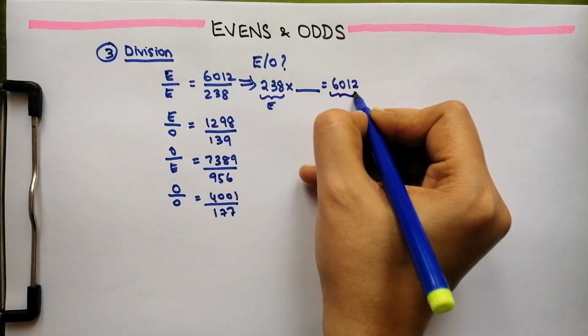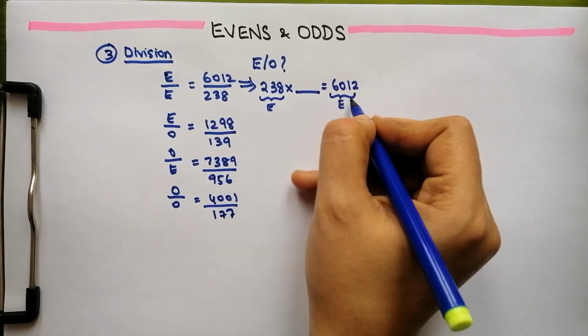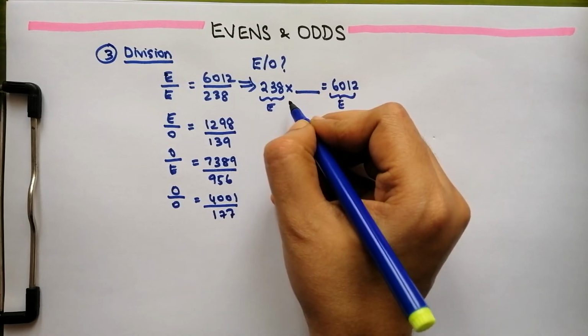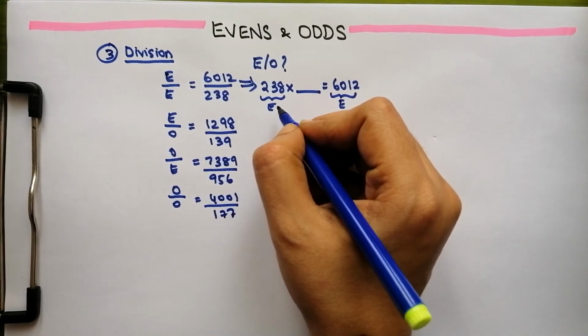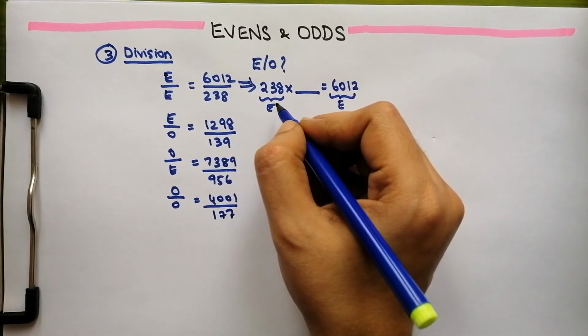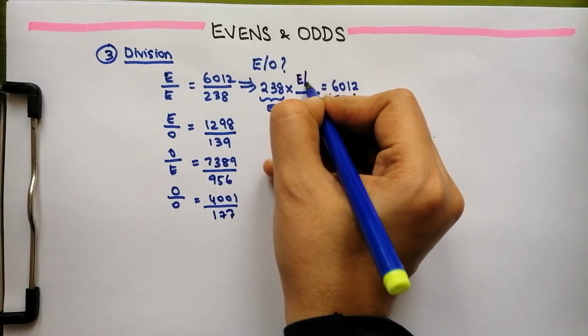This number is again an even number. We know that we will get an even number if even one of the numbers is even, right? So since we already have an even number, this could be either an even number or an odd number.